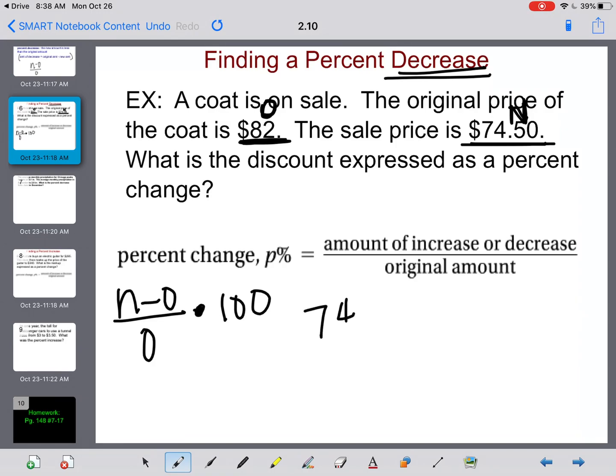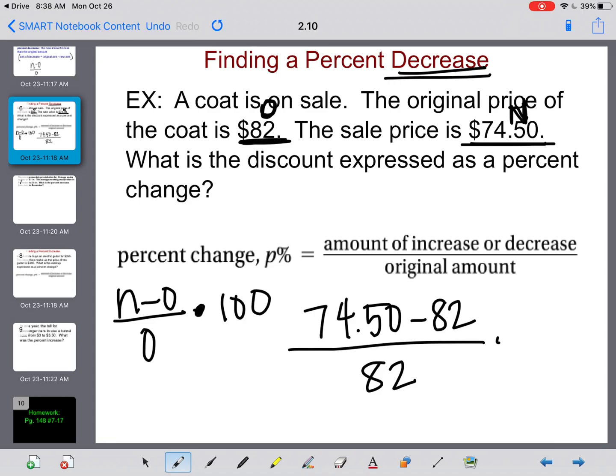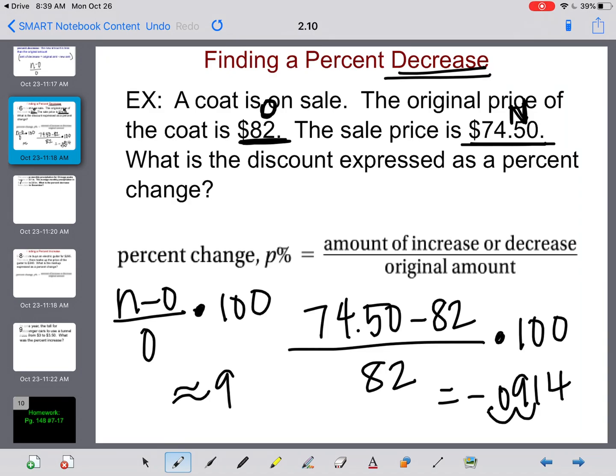Okay, so I'm going to do new minus original divided by original times 100. Meaning for the N, I'm going to put in $74.50 minus the 82 that it started as, divided by that 82, and then times 100. $74.50 minus 82 gives me a negative 7.5, divided by 82 gives me a negative 0.0914, and lots of numbers after that.